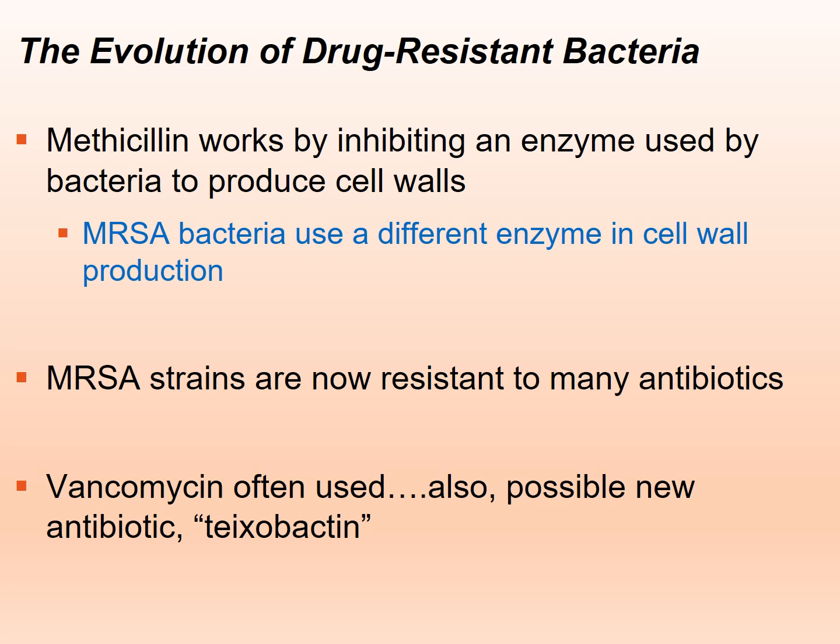So if methicillin is working, it keeps the cell wall from being produced so that the bacteria cannot propagate. Well, MRSA bacteria, the resistant ones, use a different enzyme to produce their cell wall because they have that new gene, right? This allows them to survive in the presence of methicillin, because methicillin is ineffective against the different enzyme they use to produce their cell wall.